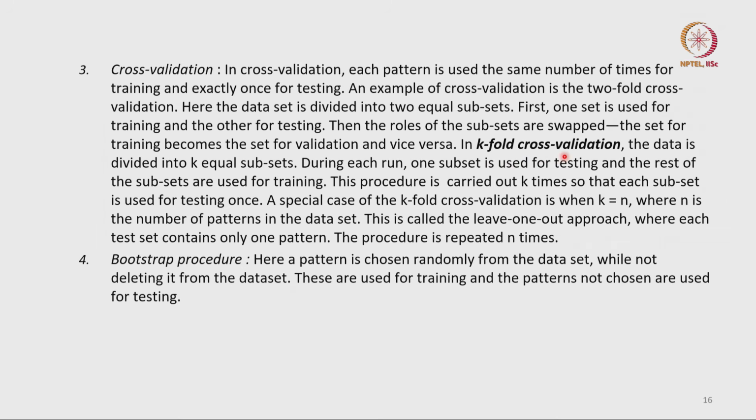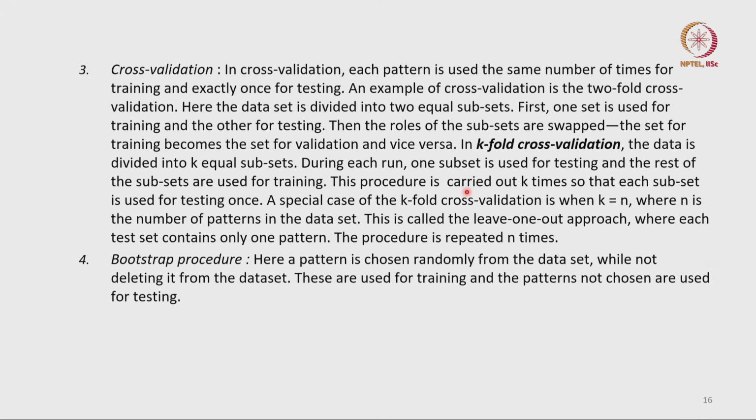So, in k-fold cross validation, what do you do? You divide the data into k equal subsets, and in each run one subset is used for testing and the other subsets are used for training. So, you are going to carry this out k times. A special case is when k is equal to n, which means each pattern is one group.